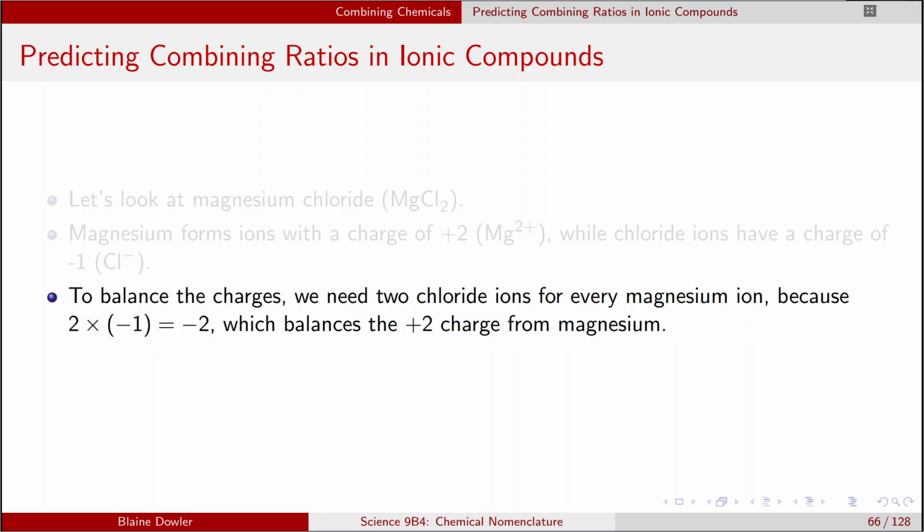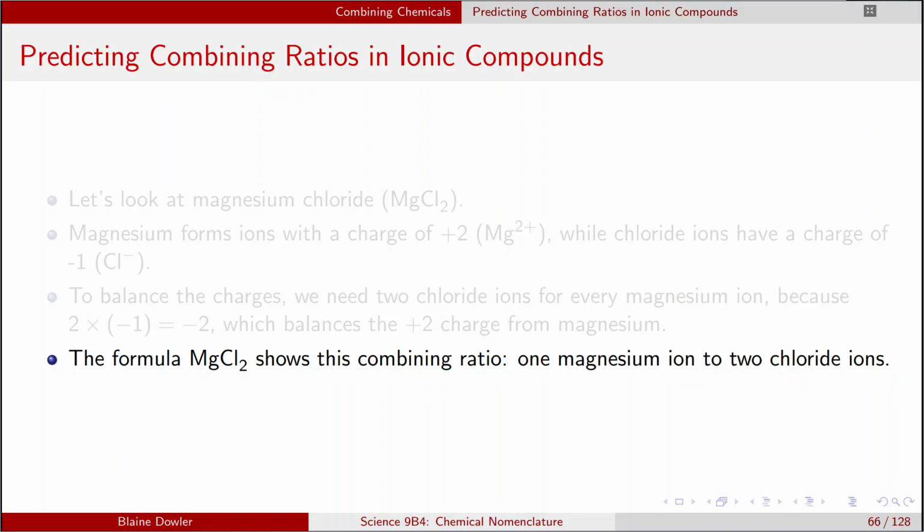Generally speaking, we're going to be taking our two charges and looking for the least common multiple of both. The formula MgCl2 shows that combining ratio, 1 magnesium ion to 2 chloride ions.